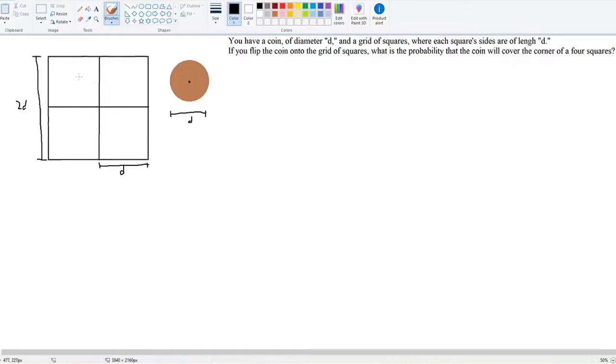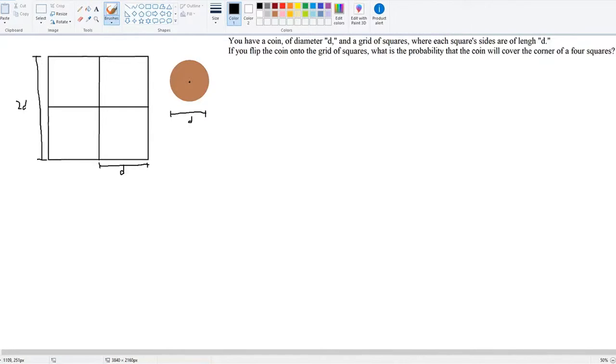So to solve this problem, we're going to find the area within which the center of the coin can land, where if it lands in that area, it will cover one of these vertices.